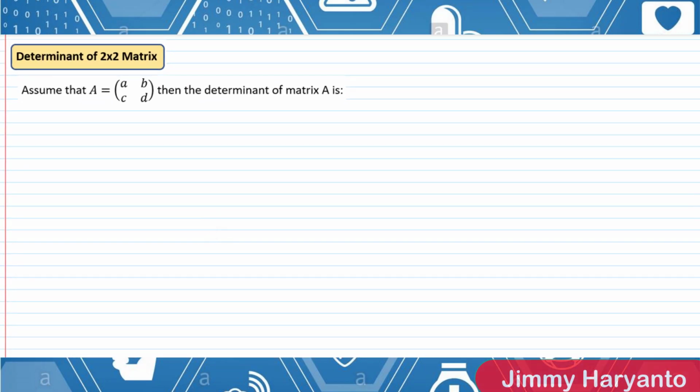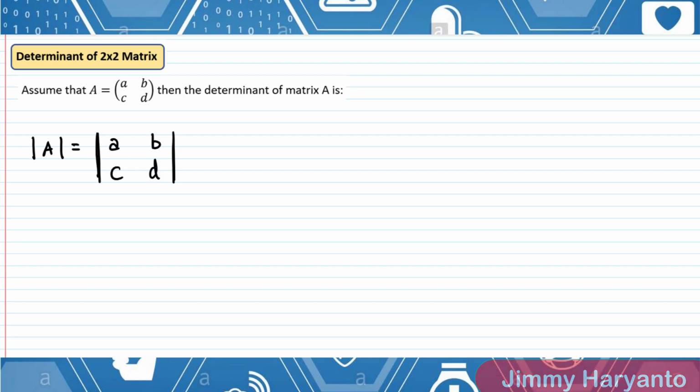Then the determinant of matrix A, we can write like this: determinant of A equals to. We change the shape of the brackets into this, because it represents determinant. So I have A, B, C, D. I will teach you using Sarrus method. This is called Sarrus method.